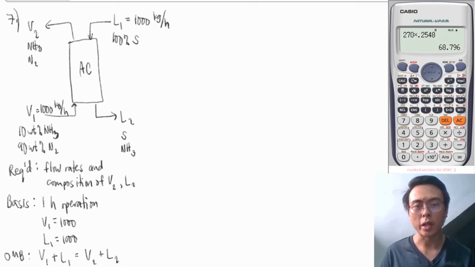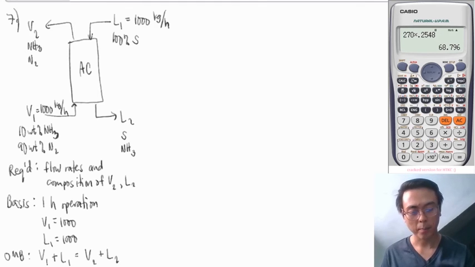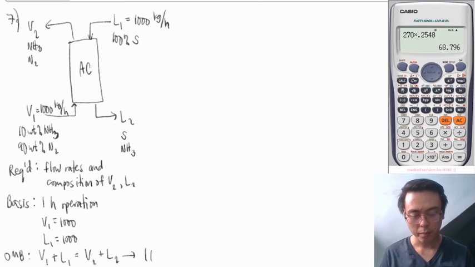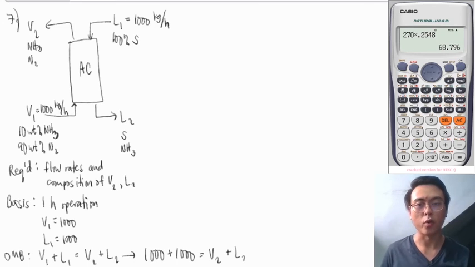We have two inlet streams and two outlet streams. You can already substitute the values of V1 and L1 in your OMB. So our OMB would become 1000 plus 1000 equals V2 plus L2. Therefore, our OMB reduces down to 2000 equals V2 plus L2. That is our equation 1.